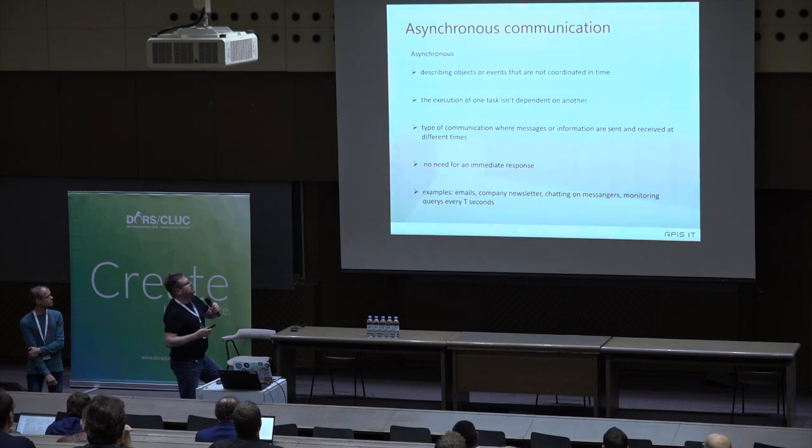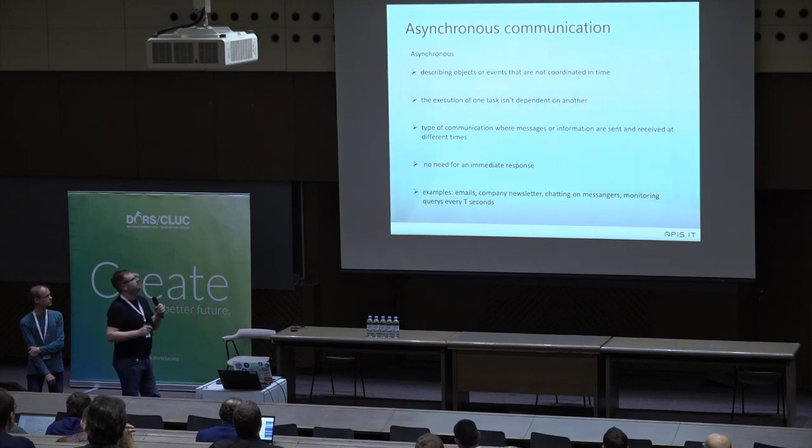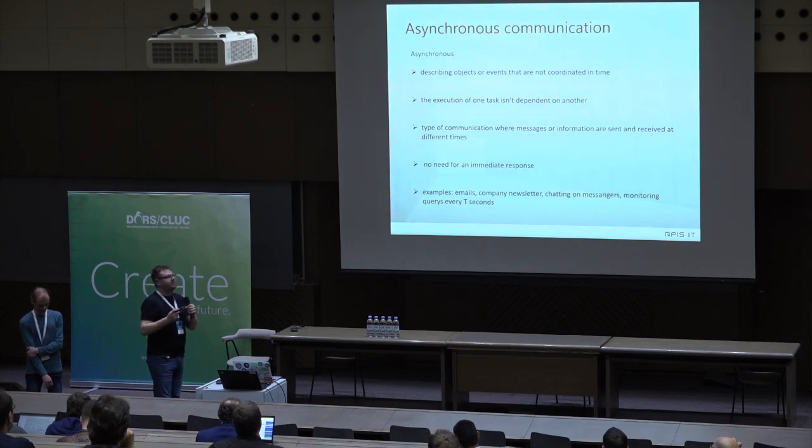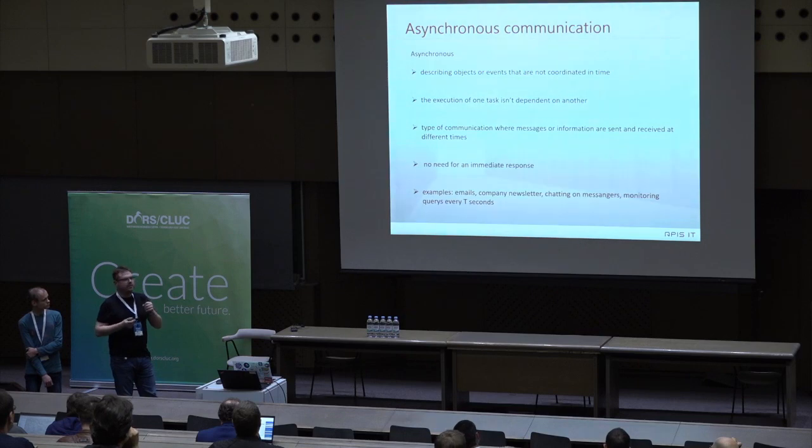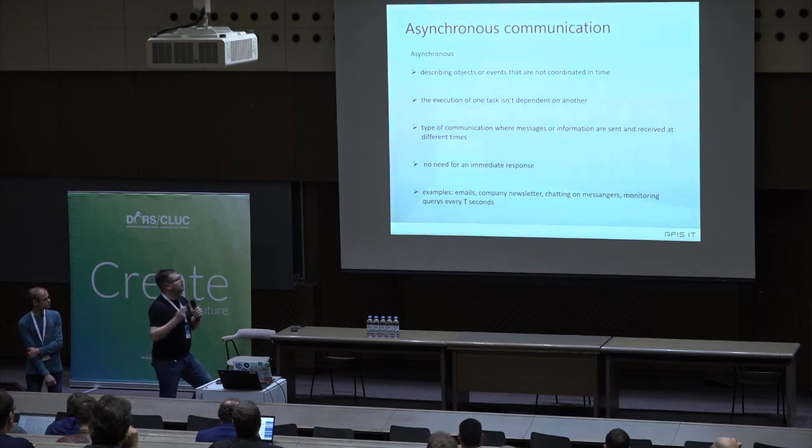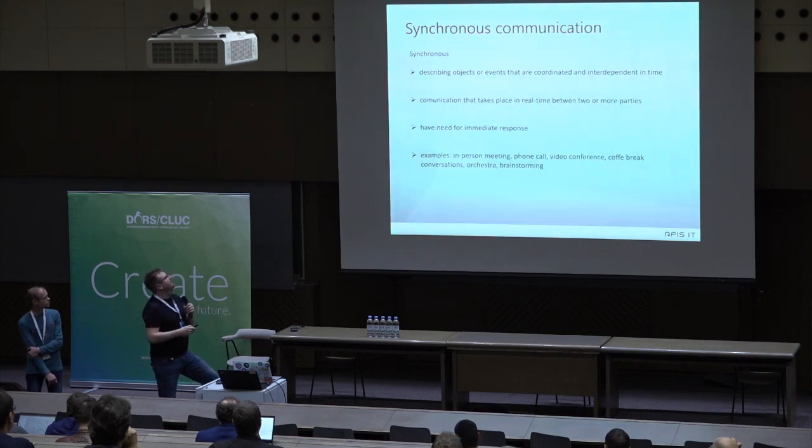So, we'll talk about asynchronous and synchronous communications. Asynchronous describes objects or events that are not coordinated in time. The execution of one task isn't dependent on another. Types of communication where messages or information are sent and received at different times, and there is no need for immediate response. Everyday examples are emails, company newsletters, messengers, and in our example, monitoring queries every T seconds.